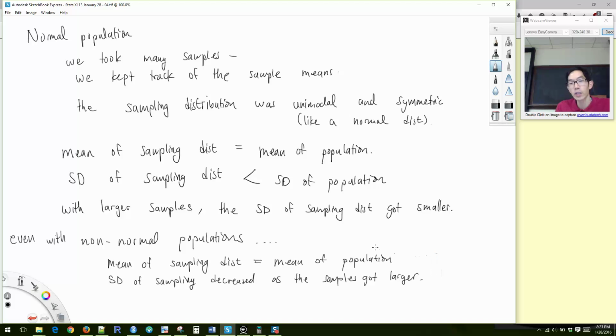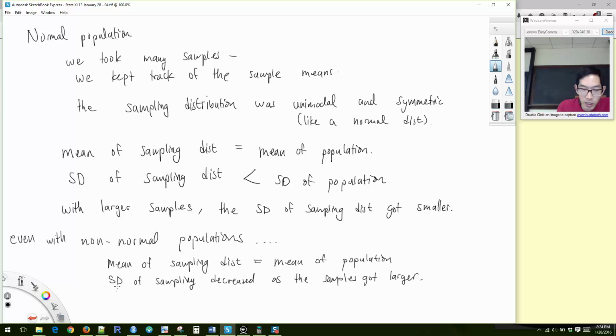Okay, and what can we say about the shape of all of these sampling distributions? They became unimodal and symmetric as long as what? The sample size was large enough. As long as our sample size was large enough. So when our sample size was only 2 or 5, they weren't really unimodal and symmetric, okay? But when the sample size started reaching 20, 25, then they all became unimodal and symmetric, okay?